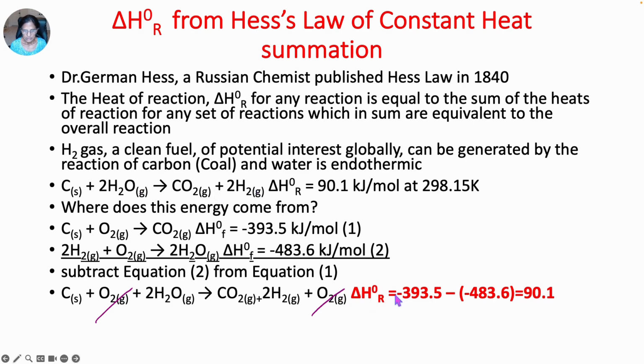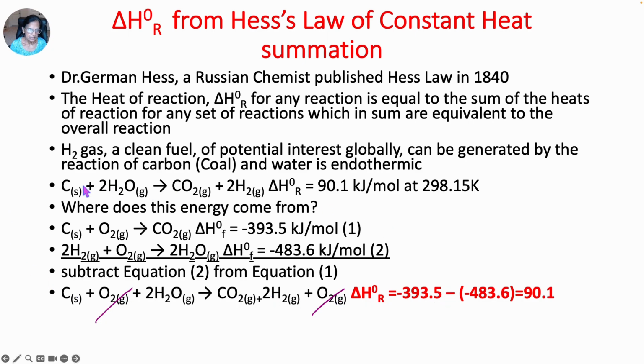So delta H0R is equal to equation 1, minus 393.5, minus of minus 483.6, because we are subtracting 2 from 1 and there is already a minus sign here. That gives exactly the same 90.1, which is equivalent to the heat of reaction of the first reaction. So that is how Hess law is proved.